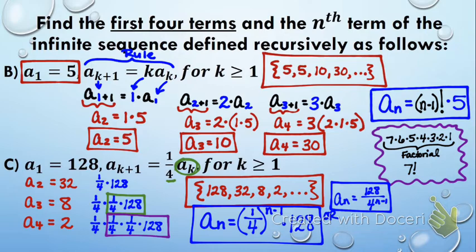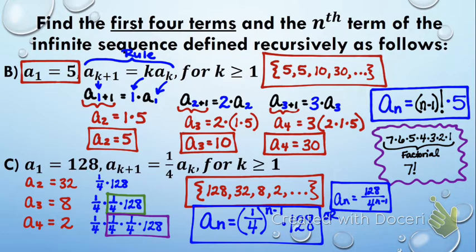Does that help? Okay. Most of the time when they give you a recursive definition, which is what this is, they're telling you the first term, the first one in the list. But it's always the one behind the term you're looking for.